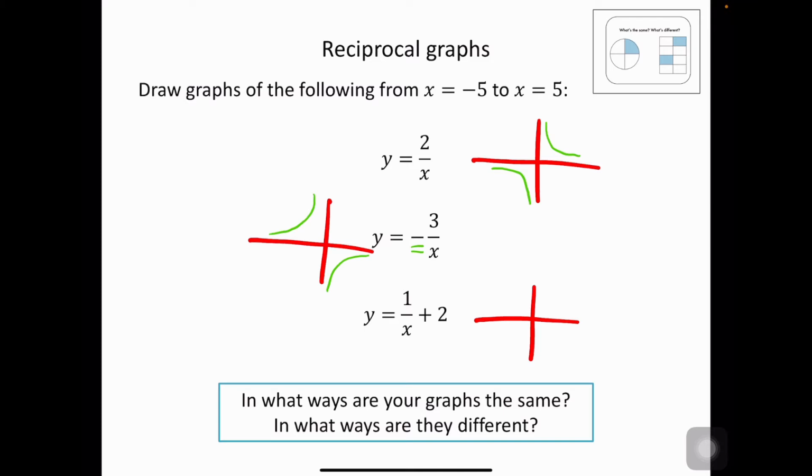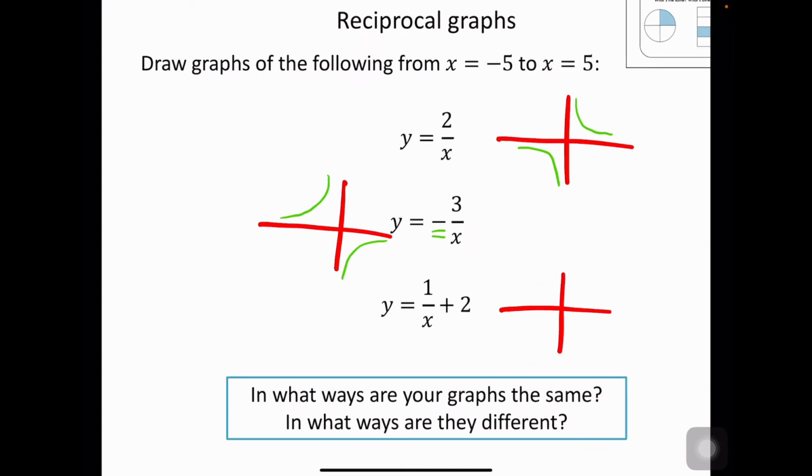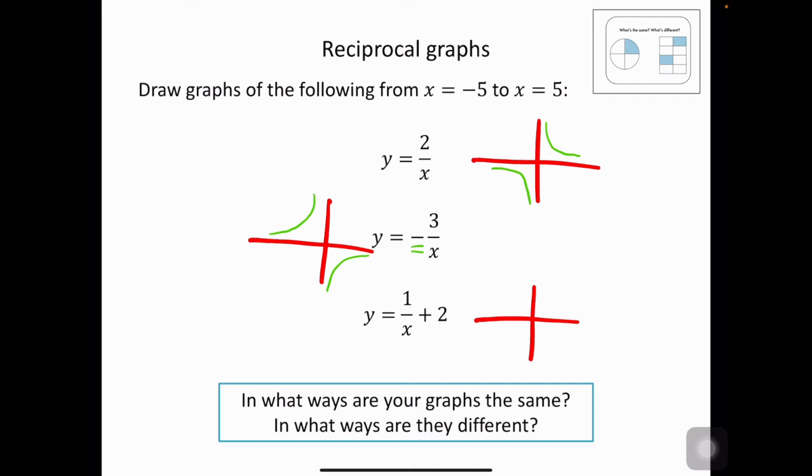And here we have 1 over x plus 2. So think about it. We're adding 2 to all of our y values. So instead of the asymptote being here, it's going to be 2 spaces higher, so up here.